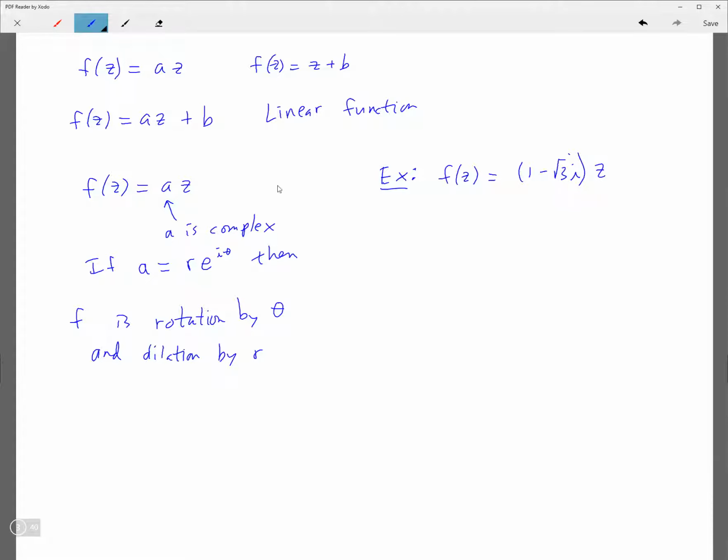All of that is going to be your A. And if we want to graph that, then we go over by 1 in the x direction, or the real direction, and then you go down by root 3. So you're down there, right?